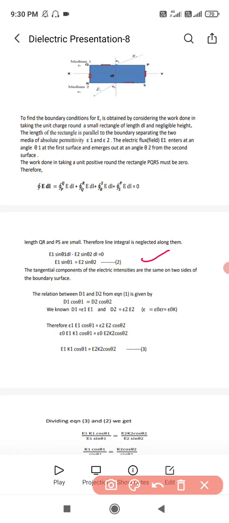This we call equation 2. The tangential components of the electric intensities are the same on two sides of the boundary surface.